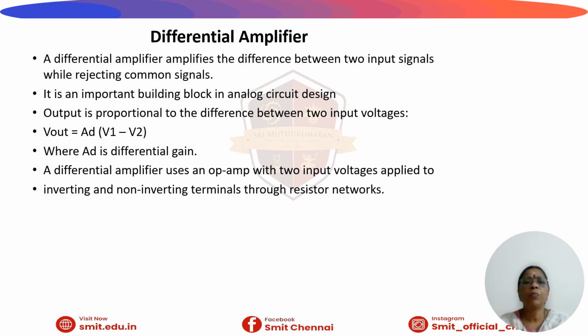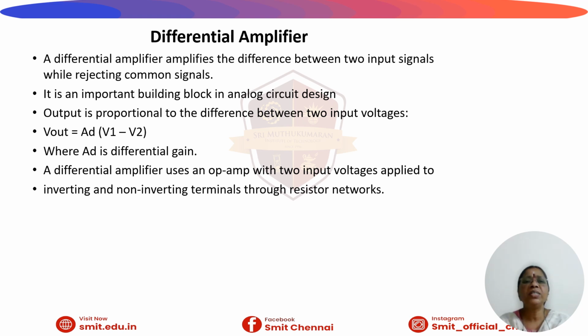The output is proportional to the difference between the two input voltages. Hence, Vout is given as AD into V1 minus V2, where V1 is the input voltage to the non-inverting terminal and V2 is the input voltage to the inverting terminal, and AD is the differential gain.